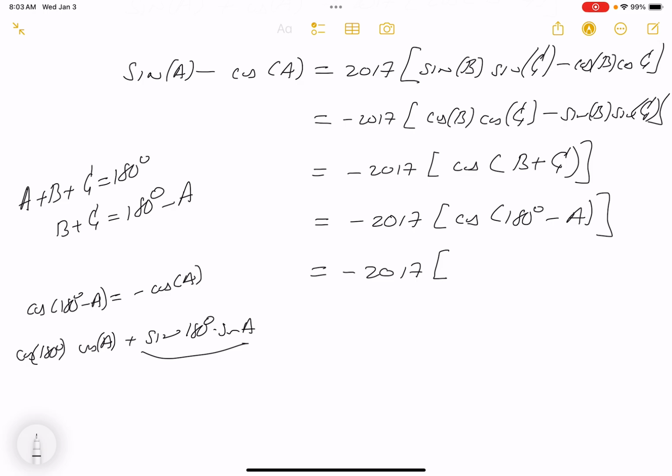This goes to 0, 180 degrees. And what does this thing over here do? The cosine of 180, again, if you look at the cosine curve, is minus 1. So minus cosine A. Put this over here. And what does that give you? 2017 cosine A. All right?